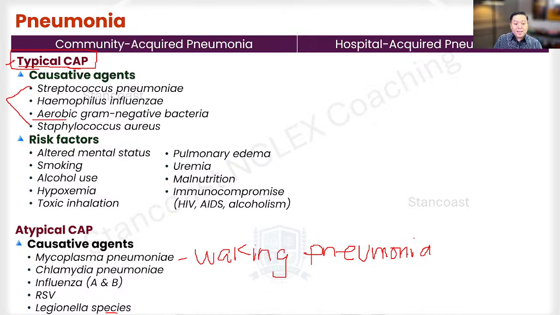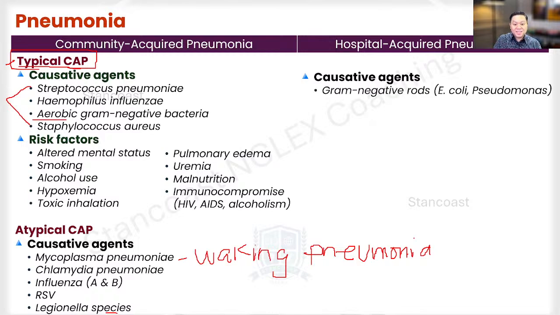Right now, we are going to transition into hospital-acquired pneumonia. Okay, so what is this? Well, we're going to identify first those causative microorganisms. Of course, they are going to be common in healthcare settings. These are your gram-negative rods, such as E. coli or Pseudomonas.